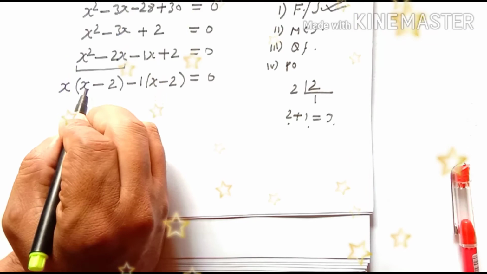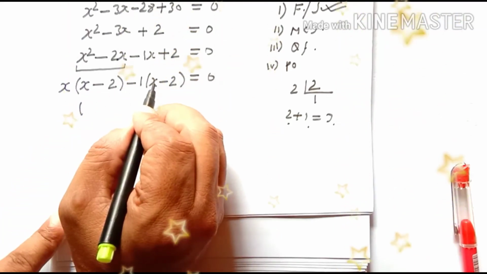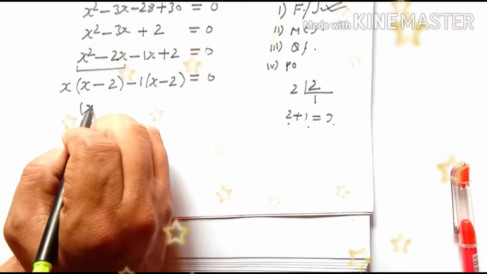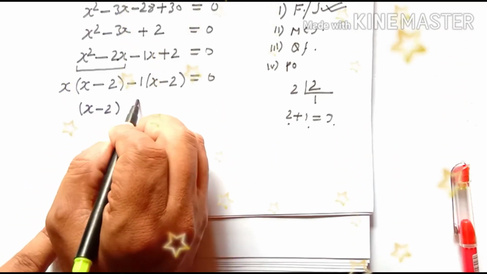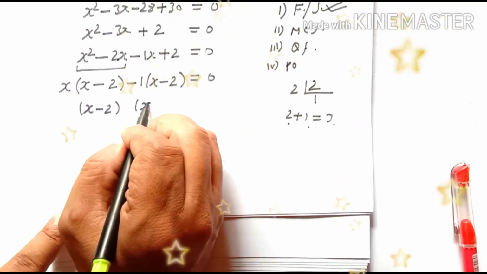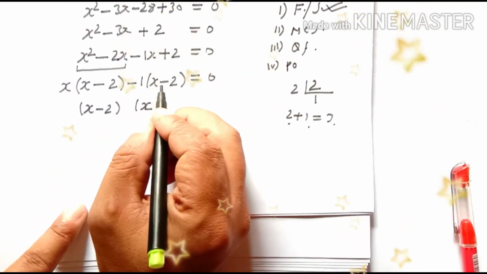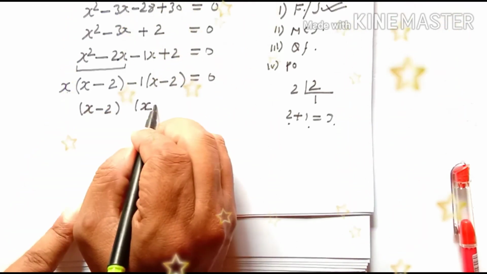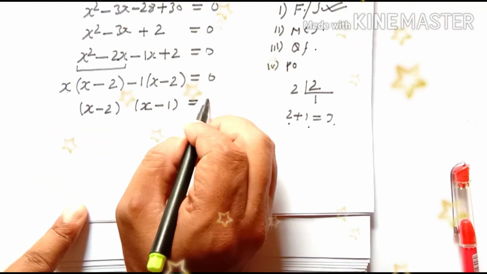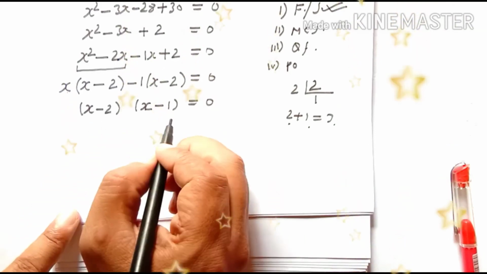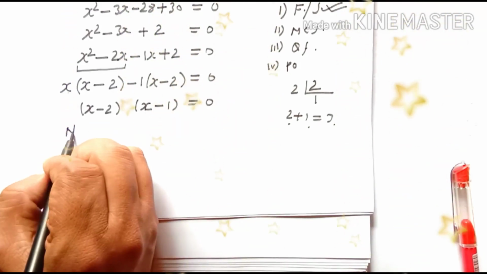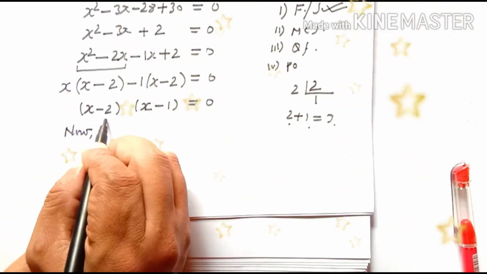Then the factors x minus 2 and x minus 2 are common, so we take only one of them. After that, you'll have to collect whatever we took common in our previous step. So x minus 1 equals 0. So we've got the two factors. Now we need the roots. Equate with 0.